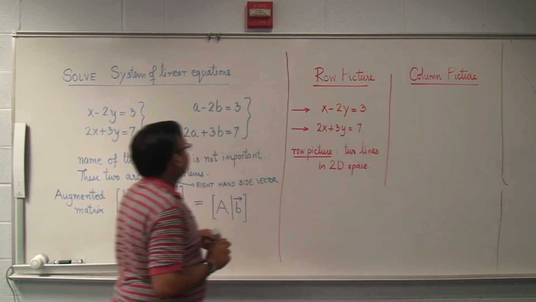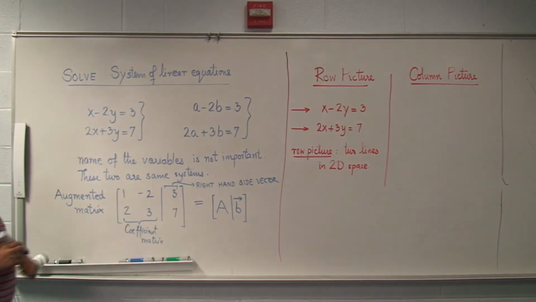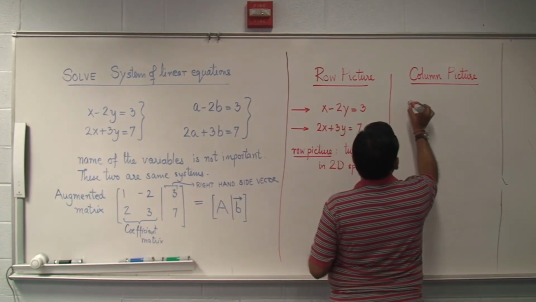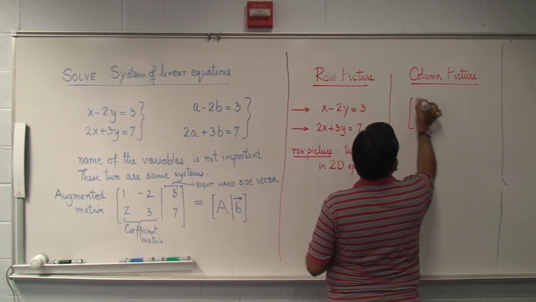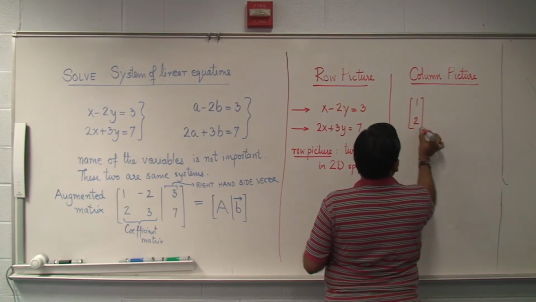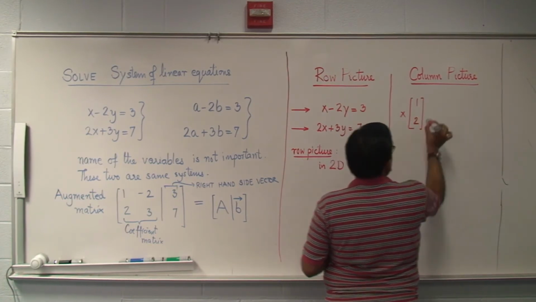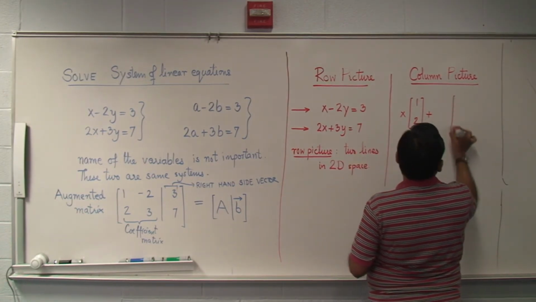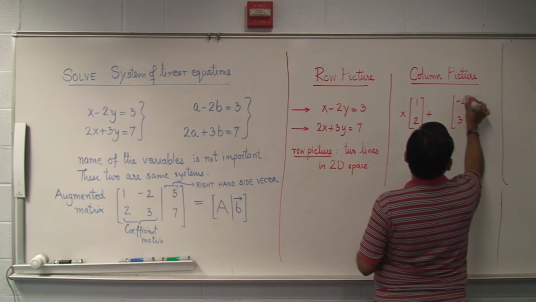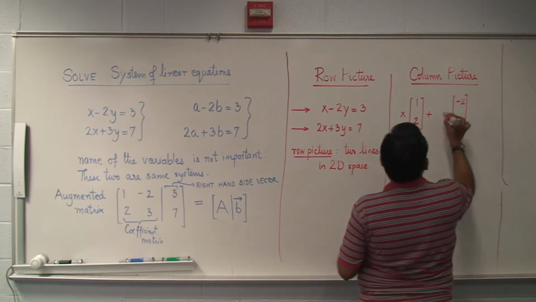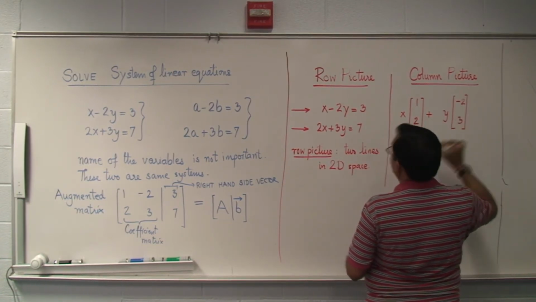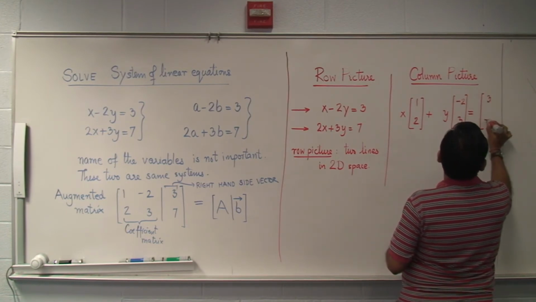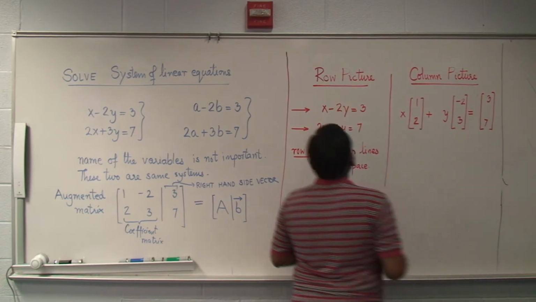What about the column picture? If you look at this particular system, I could have written this system slightly differently also. For example, if you look at this vector (1, 2), and scale it by x, and if you look at this vector (-2, 3), and scale it by y, then the right hand side vector is (3, 7).